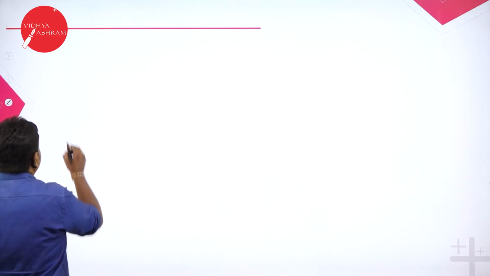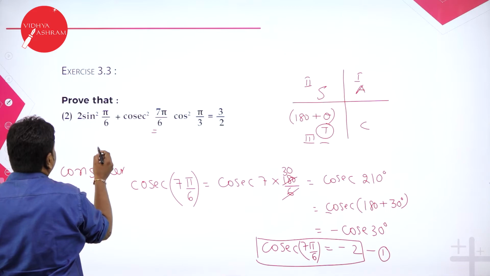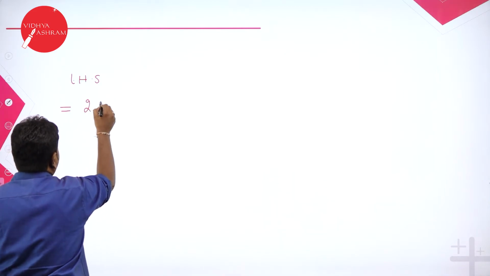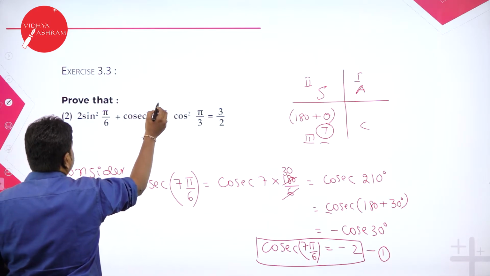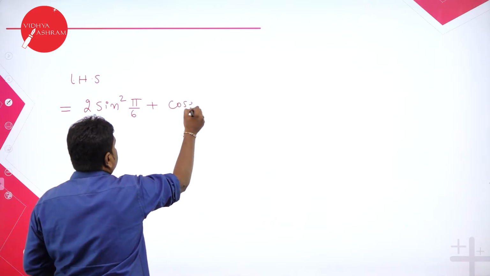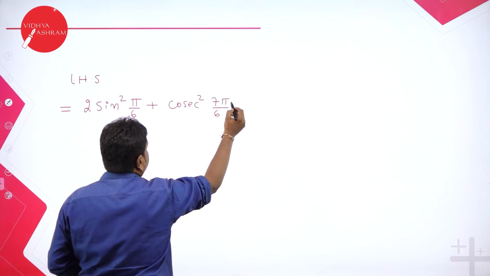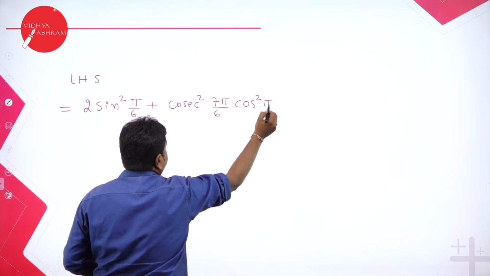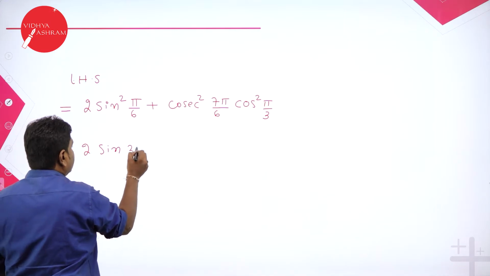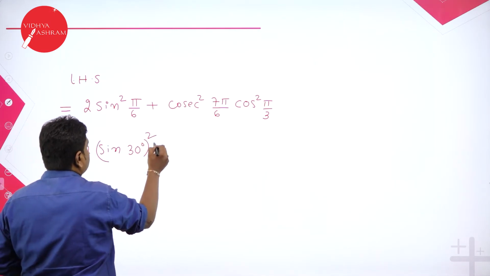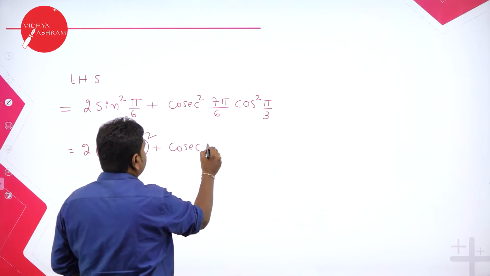Now I'll take the LHS. What is the left hand side? We have 2 sin square pi by 6 plus cosecant square 7 pi by 6 into cos square pi by 3. Now you know sin pi by 6 means 30 degrees, square means whole square. Cosecant 7 pi by 6 means 210 degrees.